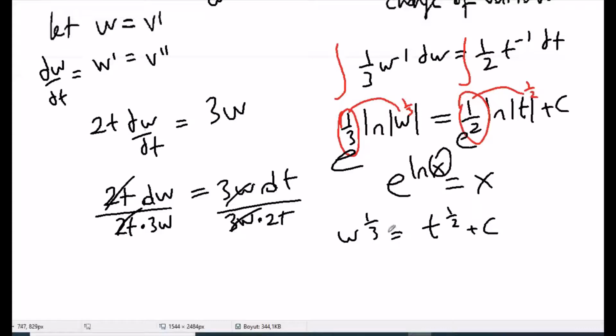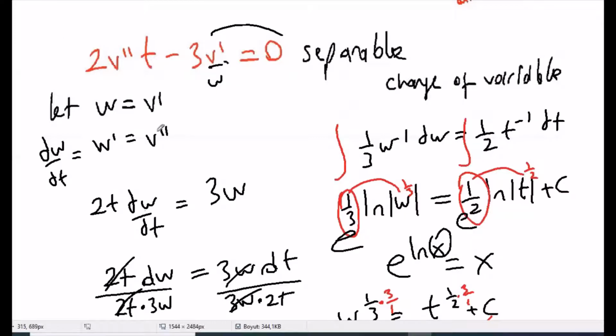And we're solving for w, so we can multiply both sides by the power of 3 over 1. And we can bring c in front of t. So w is equal to c t to the 3/2. This is our w.